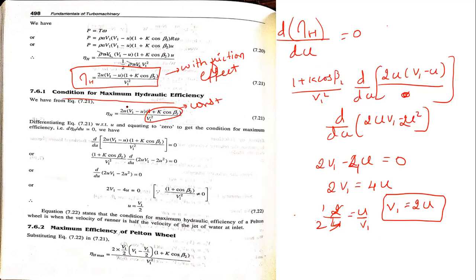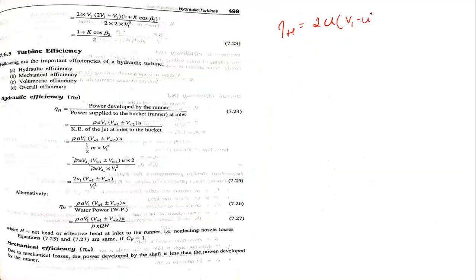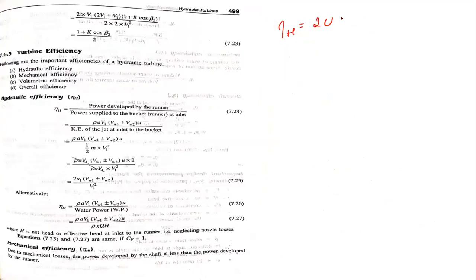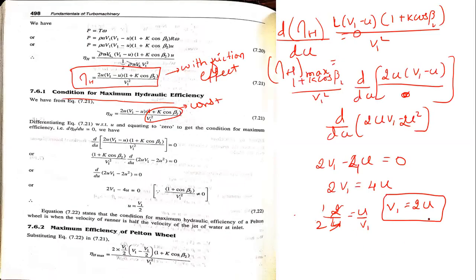Now substitute it back in this expression. So you will get eta h is equal to 2u (V1 minus u)(1 plus k cos beta 2) whole divided by V1 square. For maximum hydraulic efficiency, substitute V1 equal to 2u.